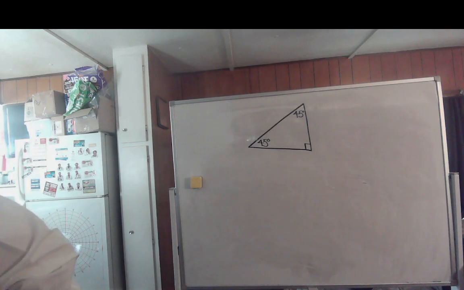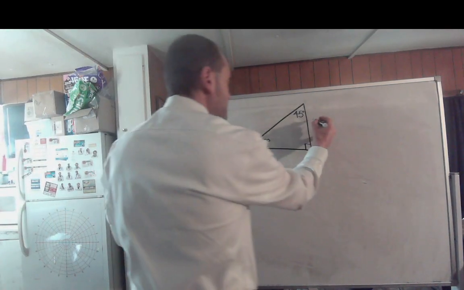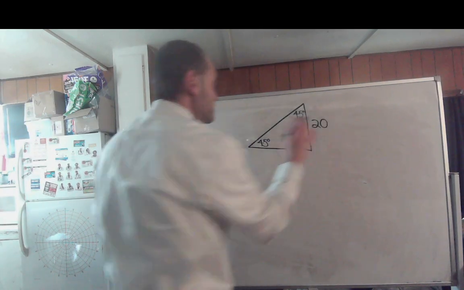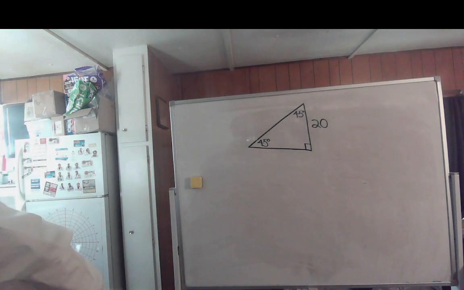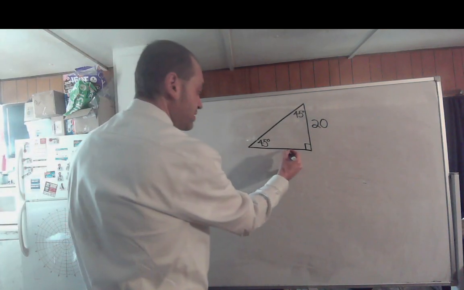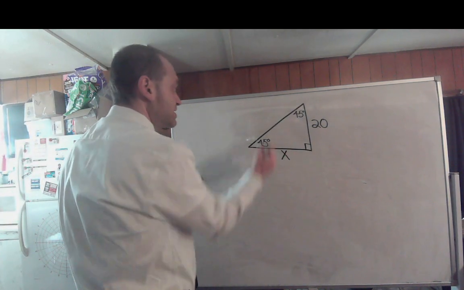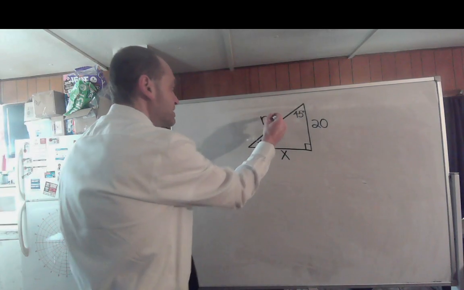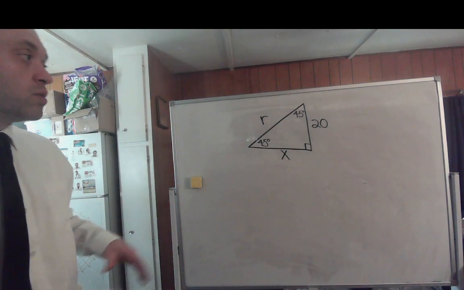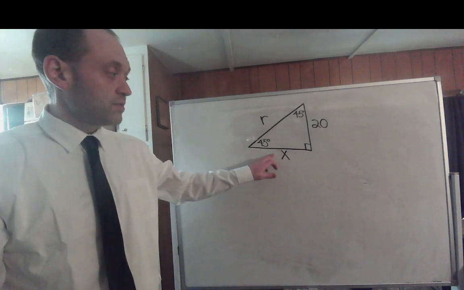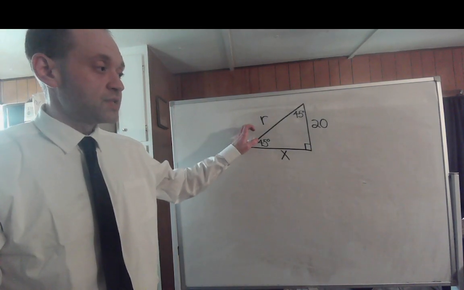We are given, in this case, that the side opposite one 45-degree angle is 20. The side opposite the other 45-degree angle is x, and the hypotenuse has a length of r. We need to find the other leg and the hypotenuse.